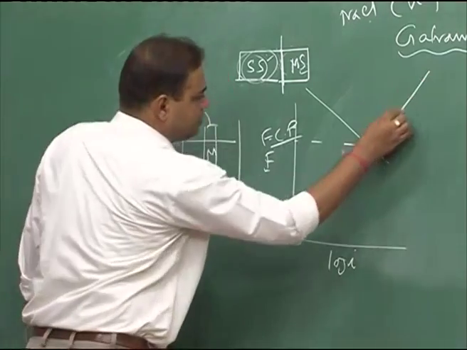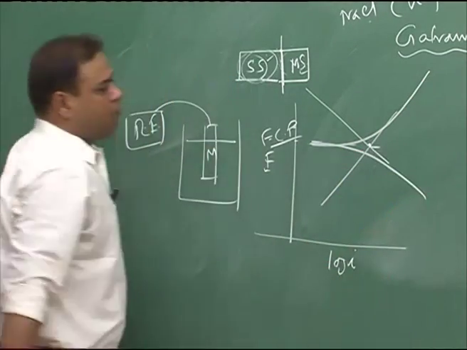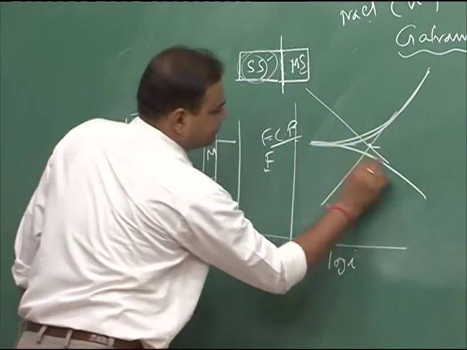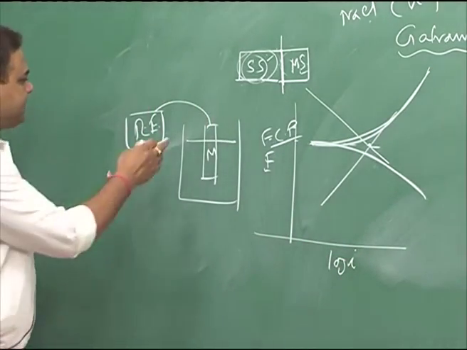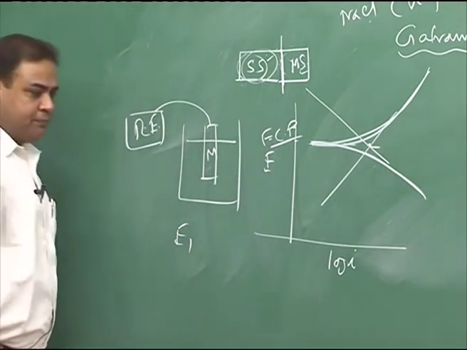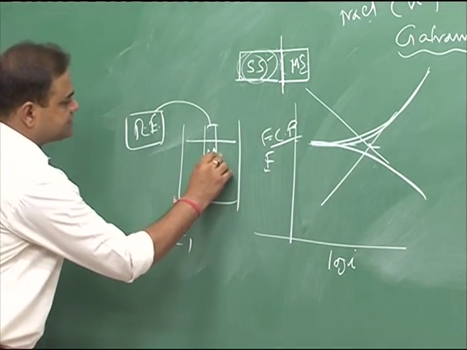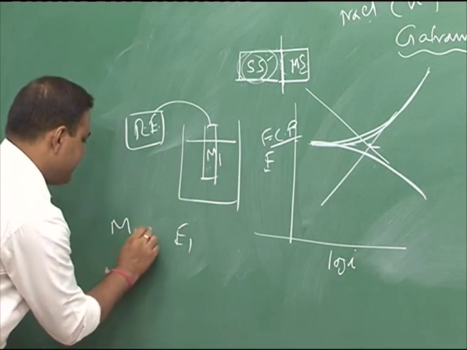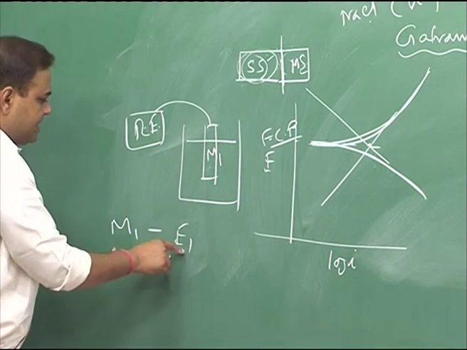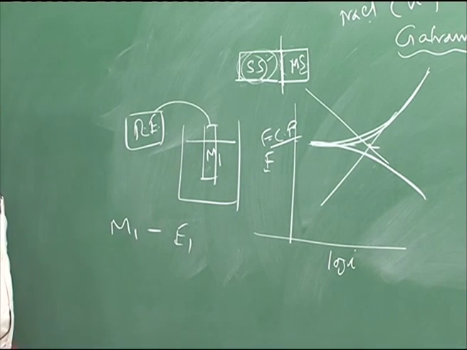If we do a polarization experiment, the graph will look like this. For a particular metal M1, let us say the corrosion potential is E1 in this seawater solution.